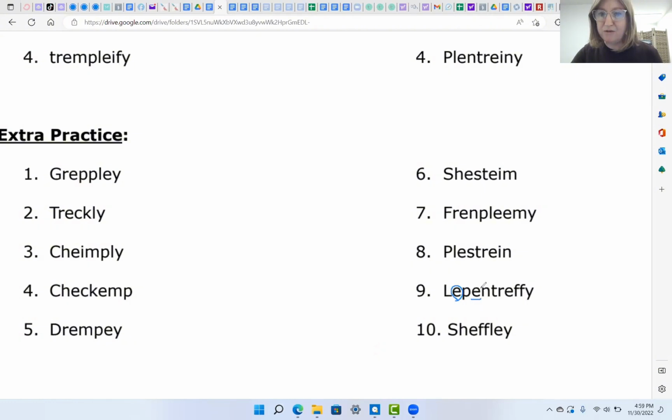Circle our vowels. There's one. I like that guy because he's an easy one. He has 2 consonants after it. We know he's going to say eh. Y at the end usually makes the long E sound. Tap 2. 1, 2. Yes, there's a vowel there. So yes, it's going to say its name. Tap 2. 1, 2. No, there's not another vowel there. So no, it's not going to say its name.